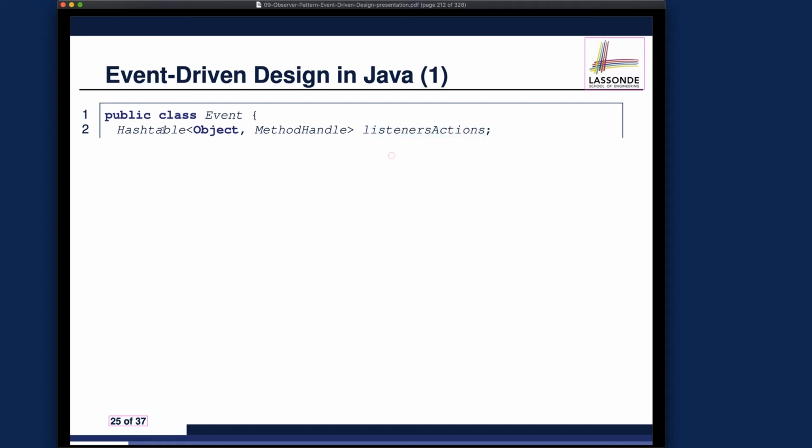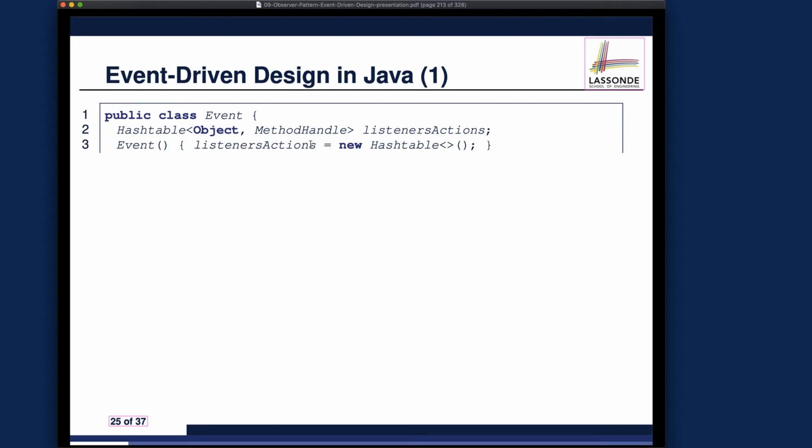We're simply using a hash table over here to store all the listeners or observers. The keys for the hash table will be just the objects for the observers themselves, and then every time, given an object for the observer like an identity, we're going to map it to the pointer to the method that we want to retrieve for execution.